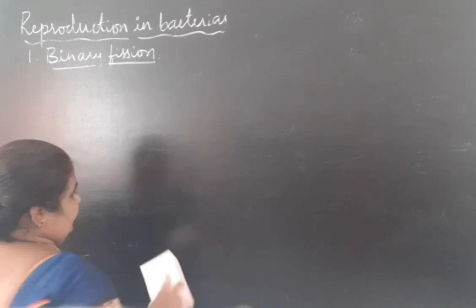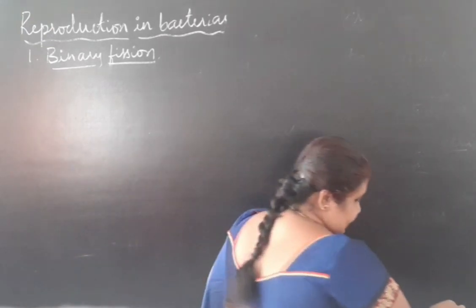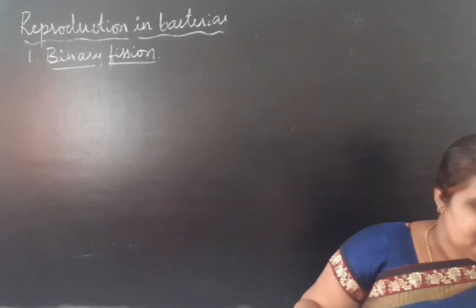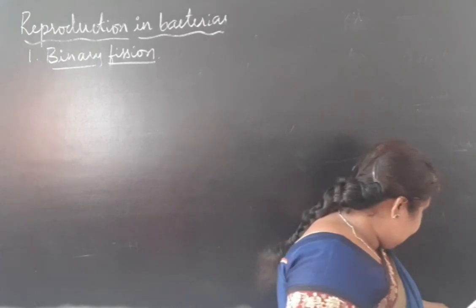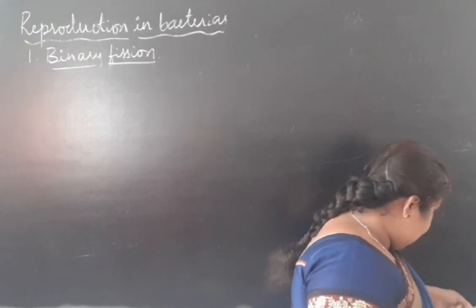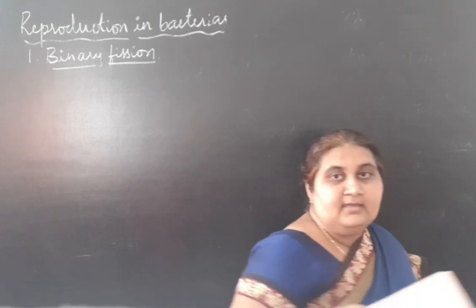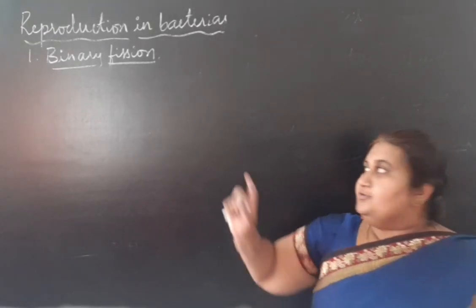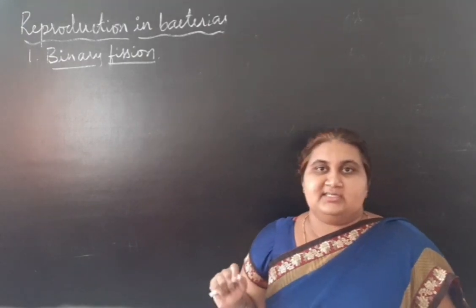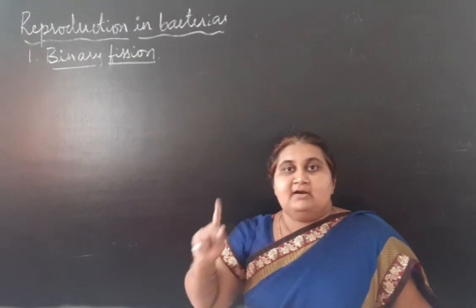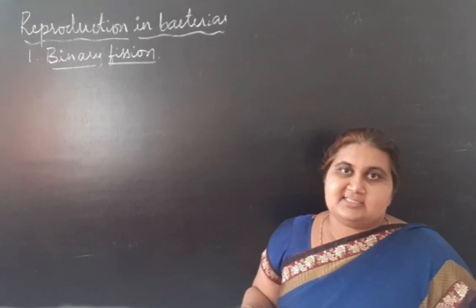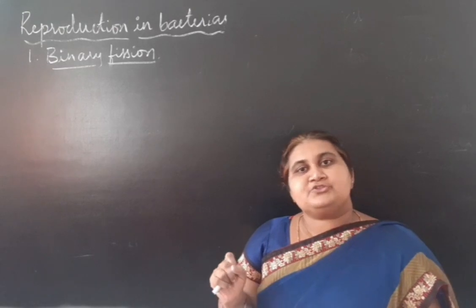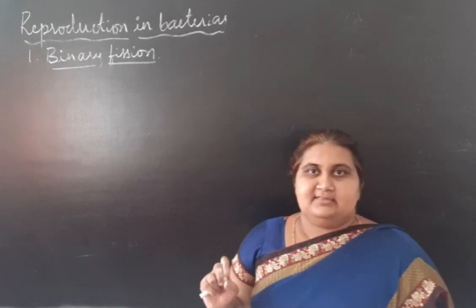How does binary fission take place in the case of a bacterial cell? You know that at every 20 to 30 minutes, a single bacterial cell, the mother cell, splits and divides to produce two new daughter cells.